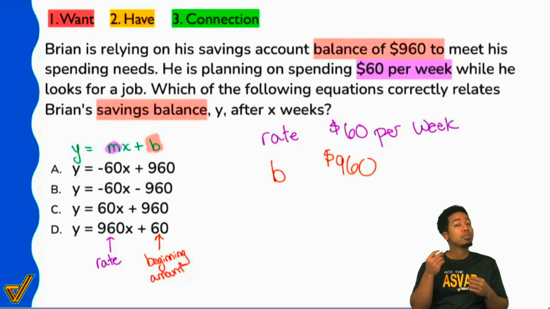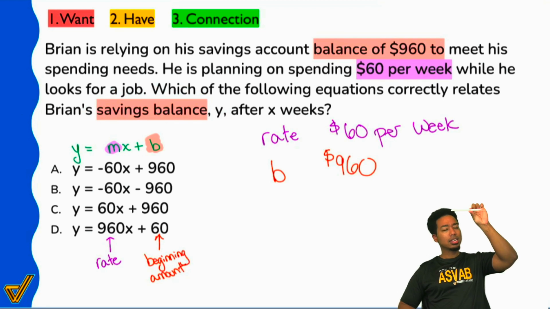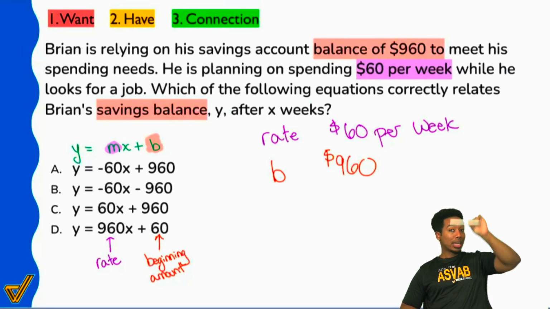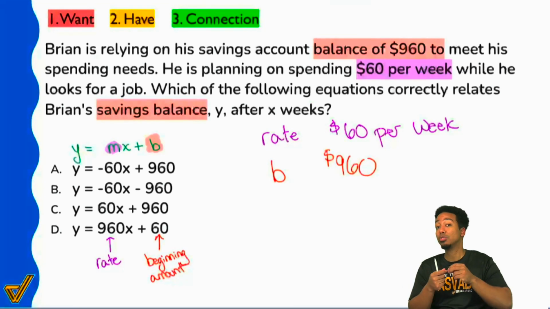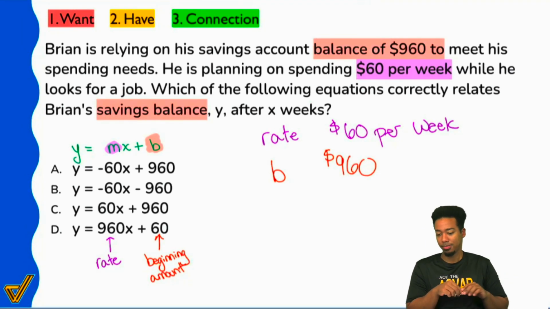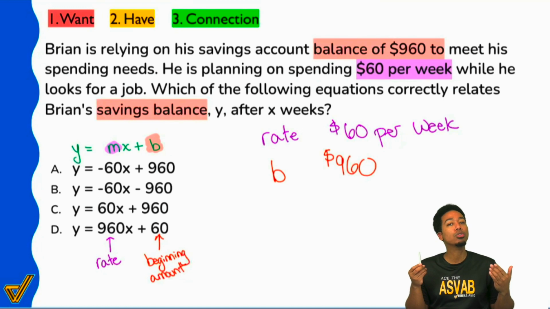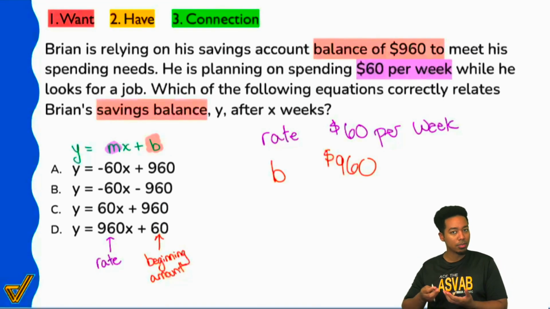If we're spending $60 a week, is that savings balance going to be going up, going down, staying the same? What's going to be happening to that savings account as we spend money? Right, it's supposed to go down. If you're spending your savings, that savings will go down. It will deplete.